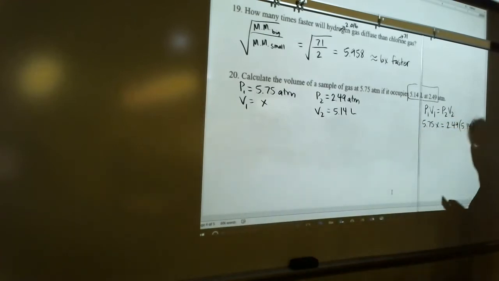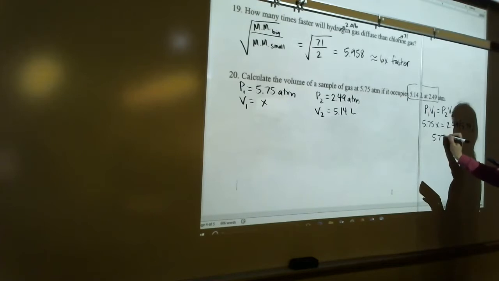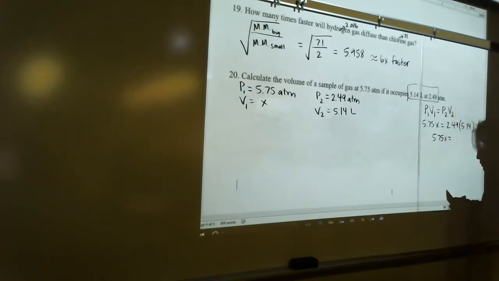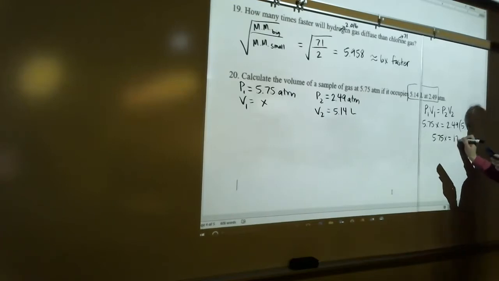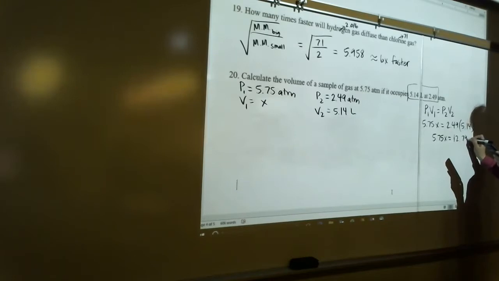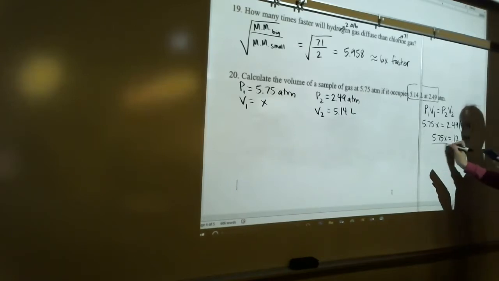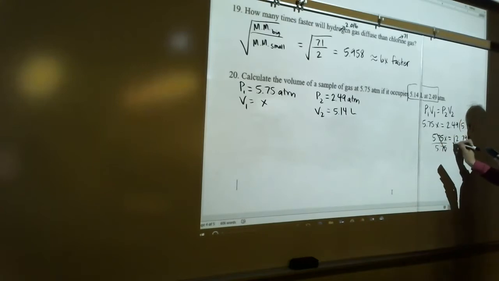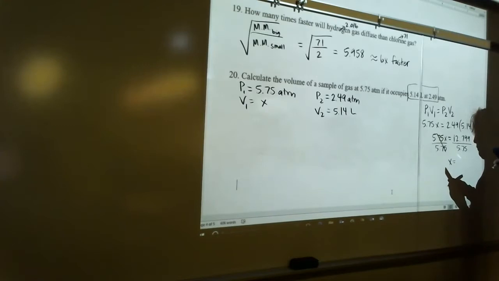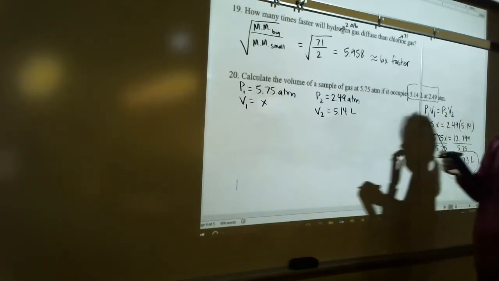Do some arithmetic here. That's 12.799. Divide both sides by 5.75. So x is equal to 2.23, and this is a volume, so it'd be liters.